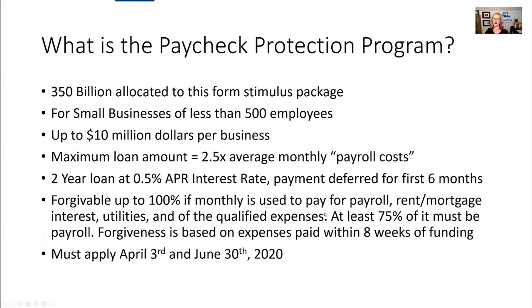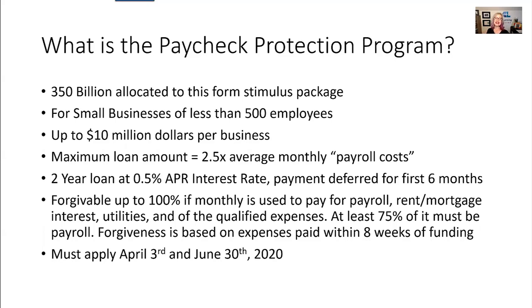But if you use 25% of it on other things, your utilities, your rent, your mortgage interest, some of the other allowable things to spend it on, then you're going to have to pay that part back.